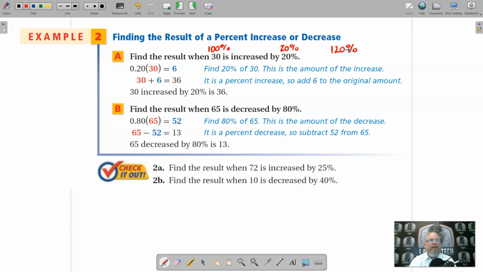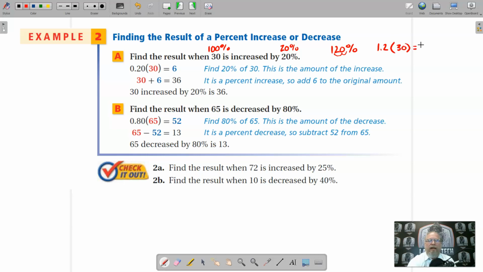So you're actually going to do 120% of the original cost. Remember, of means to multiply. So let's change 120% to a decimal. Move the decimal over 2 places. We would end up with 1.2. So 1.2 is 120% of the original cost, which is 30.